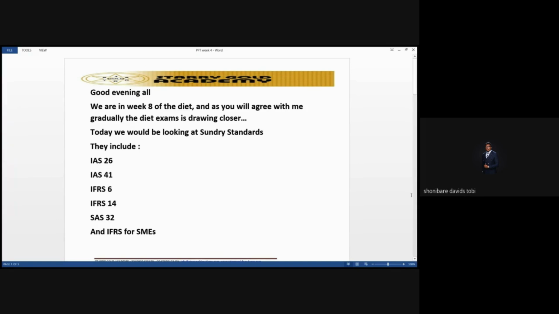Even when we are doing inventory, IS 2, you are told this item we are actually keeping to be sold. They tell you some of the cost components of inventory, how to estimate inventory of work in progress, finished goods, and even raw materials. But if some of these things cannot work for these people, we need a standard to guide them.